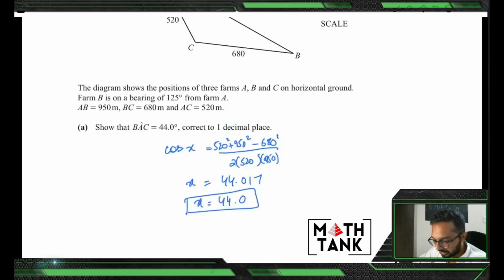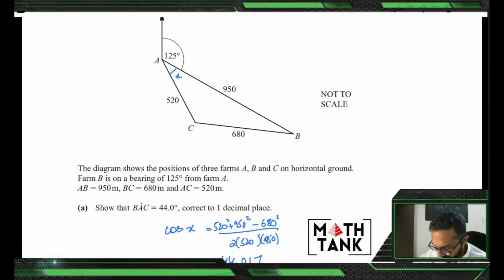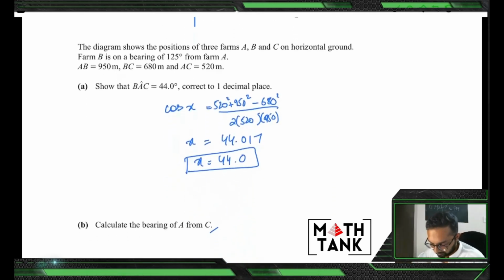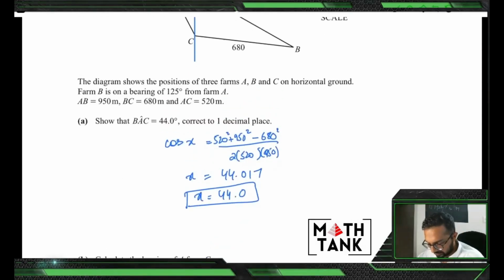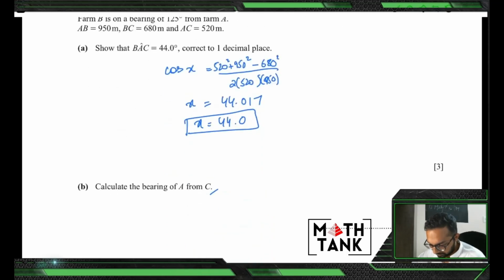Calculate the bearing of A from C. So I've got to have a vertical line at C from C. It's just a 1 mark question, which means that the answer is pretty plain and simple.